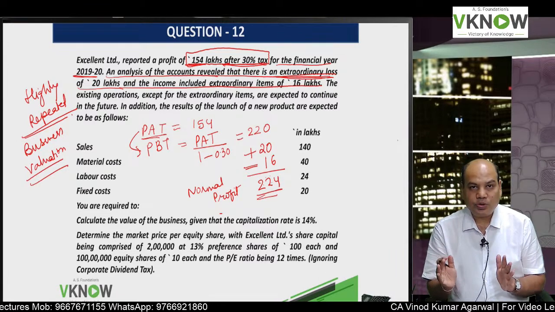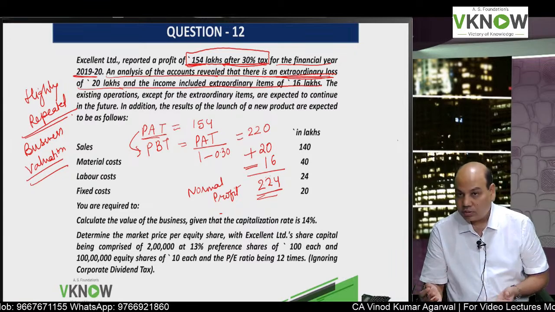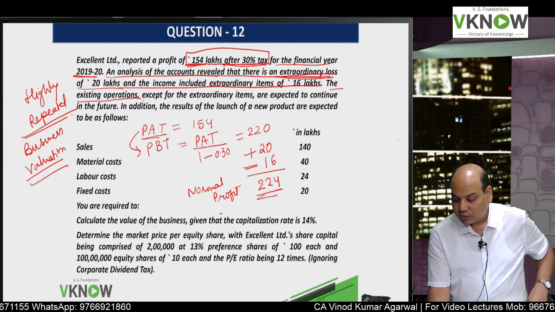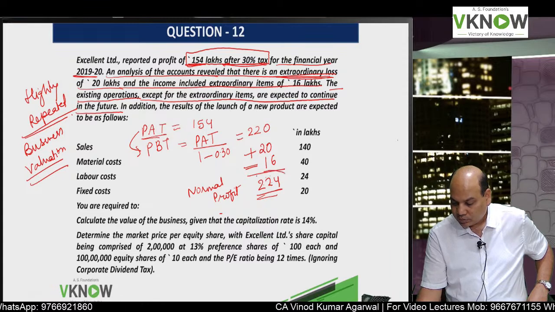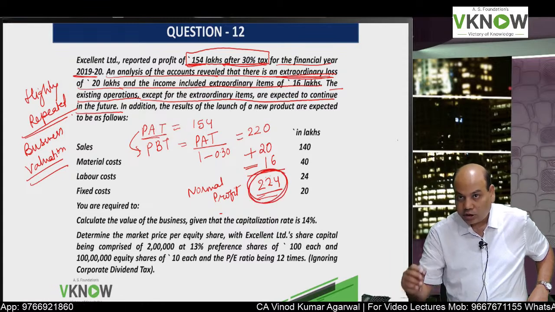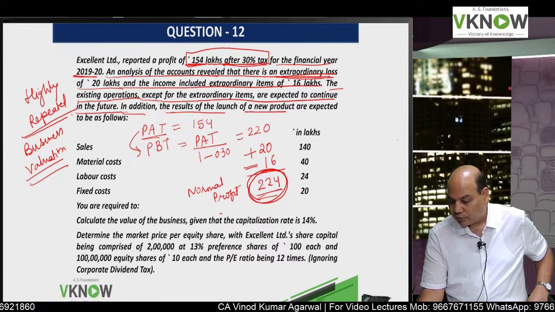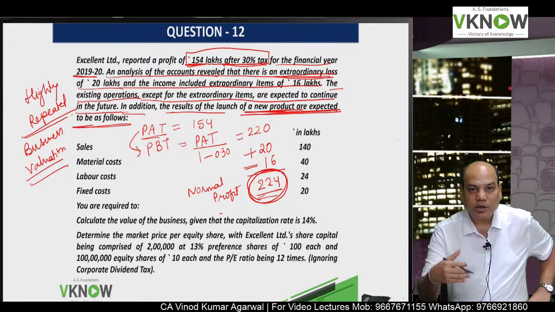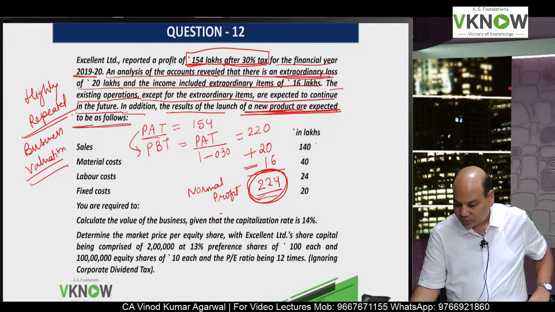Assuming that this 224 will continue, what happens next? The existing operations except for extraordinary items are expected to continue in future. This 224 will continue in future. In addition, the results of the launch of a new product are expected to be as follows. So they have added one more project in their business. What will be the effect of that?